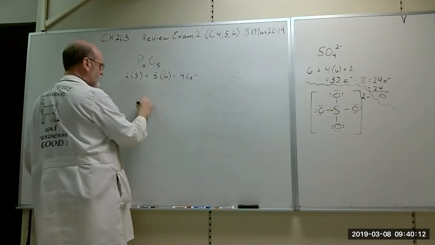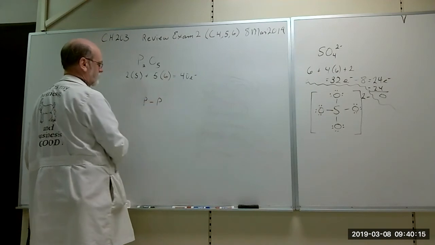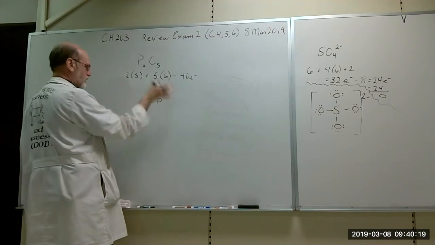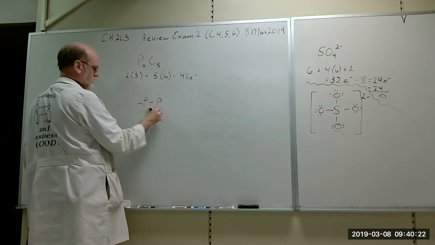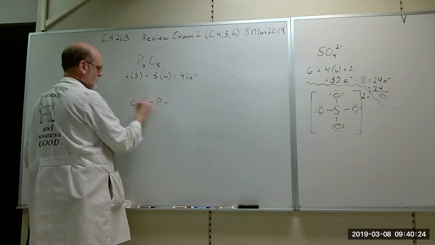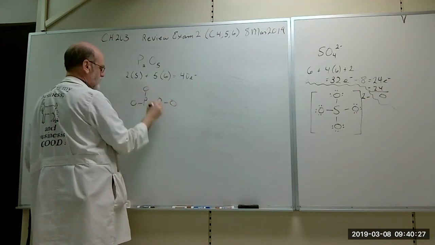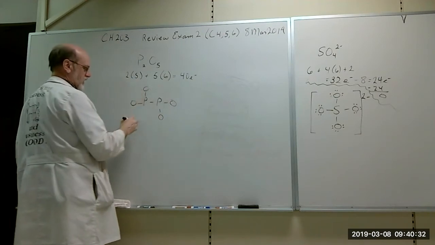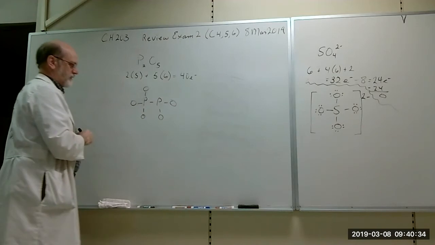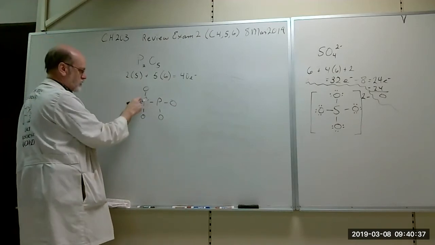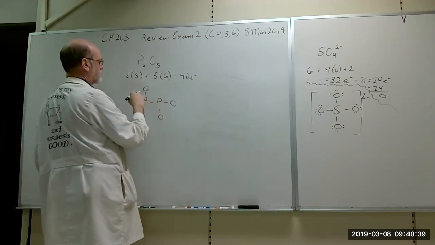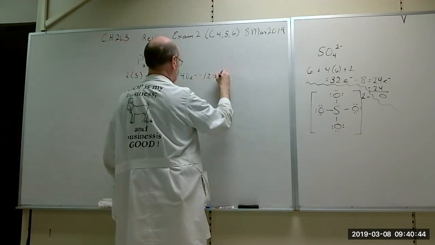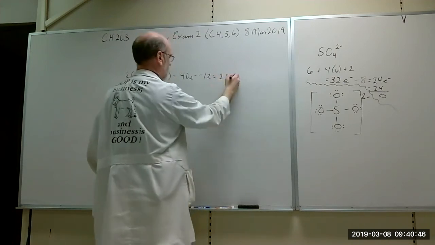Now phosphorus is going to be bound to another phosphorus. And then the oxygens are going to be placed around them. 1, 2, 3, 4. And then you just choose which side to put the other oxygen on. Okay, so that's 2, 4, 6, 8, 10, 12. So we have 28 electrons left over.